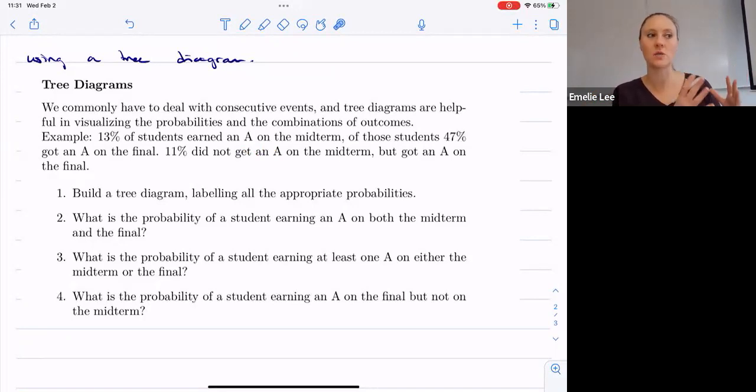So I'm actually going to use M to denote an A on the midterm and F, ironically, to denote an A on the final. But that's up to you. You can pick whatever shorthand you want. You can use A and B, but it might get confusing, right? As long as you define them for yourself, you can use whatever you want.